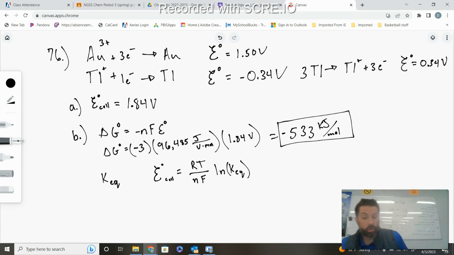Okay. So I am going to simplify this whole RT over F. Because R is 8.314. F, Faraday's constant, is 96,485. Whenever the temperature is 25 degrees Celsius, it will always be 298. So I'm going to plug those numbers in first and then just have that as a number over N, just to make life a little bit simpler so you don't always have to do the same plugging and chugging the whole time.